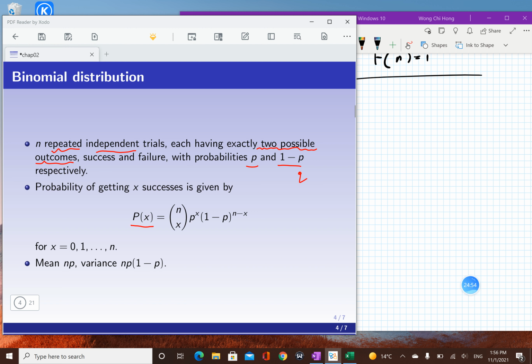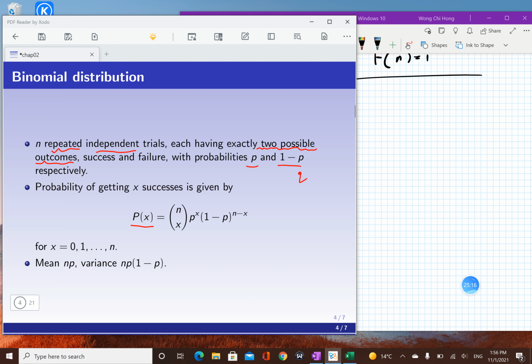Imagine again your coin, throw this like 10 times. What is the probability that you will get 3 heads? I always take the coin as an example because it's easy to understand. If you throw your coin 10 times, what is the probability that you would get 3 heads?